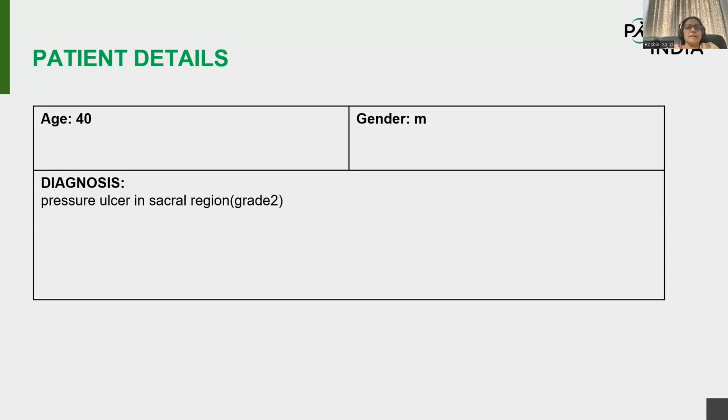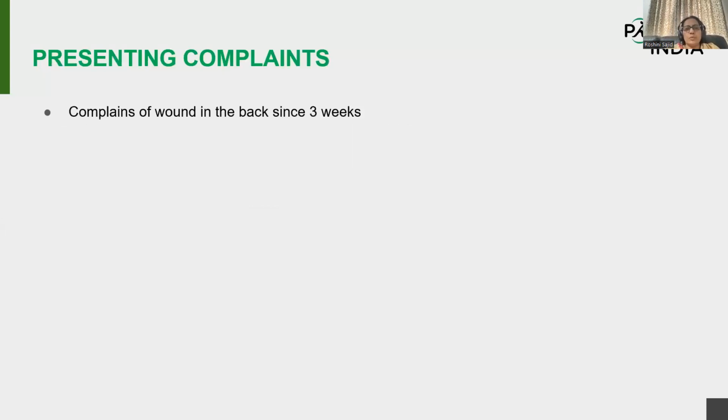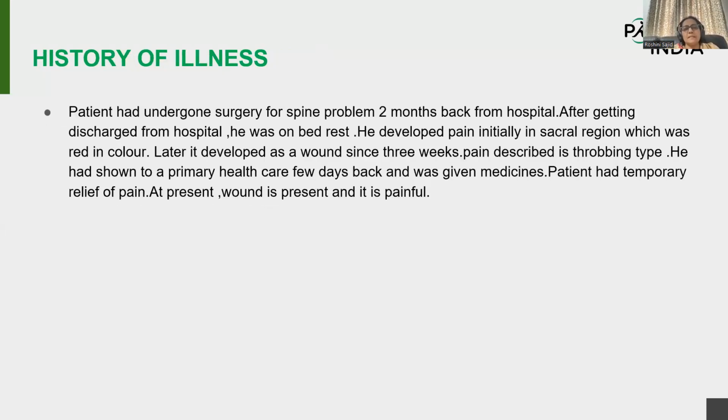Today I'm presenting a patient whose age is 40 years. He's a male patient. The diagnosis is a pressure ulcer in the sacral region, grade 2. The presenting complaint is a wound in the back region since 3 weeks. The patient had undergone surgery for a spine problem 2 months back.